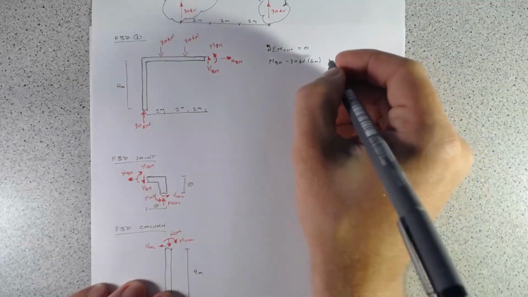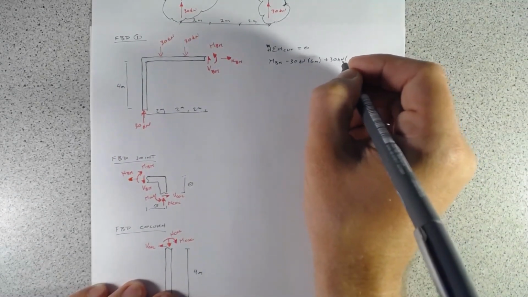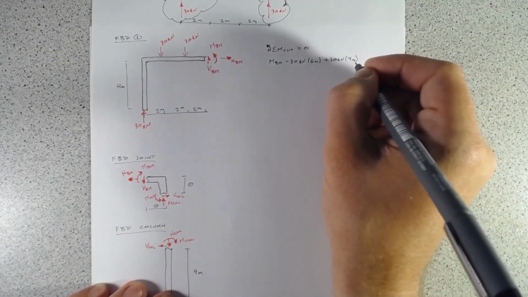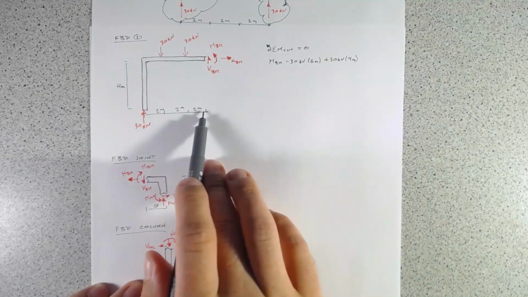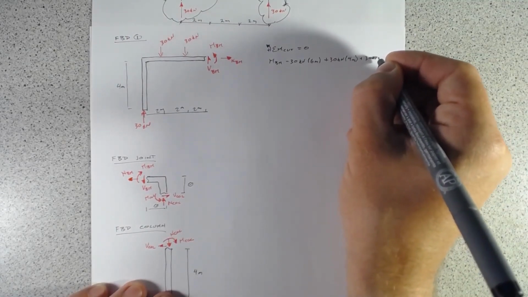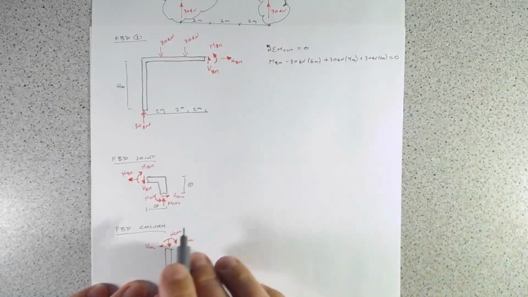The first one is going to be plus 30 kilonewtons times 4 meters. And then we have 30 kilonewtons times 2 meters away, and all of that has to equal 0.